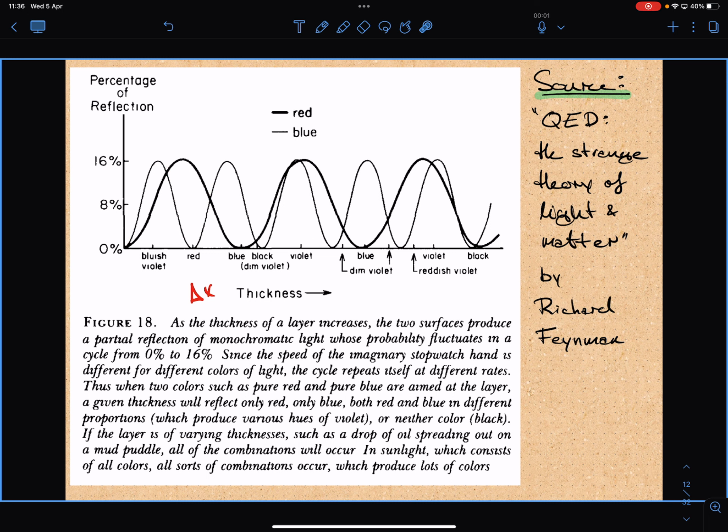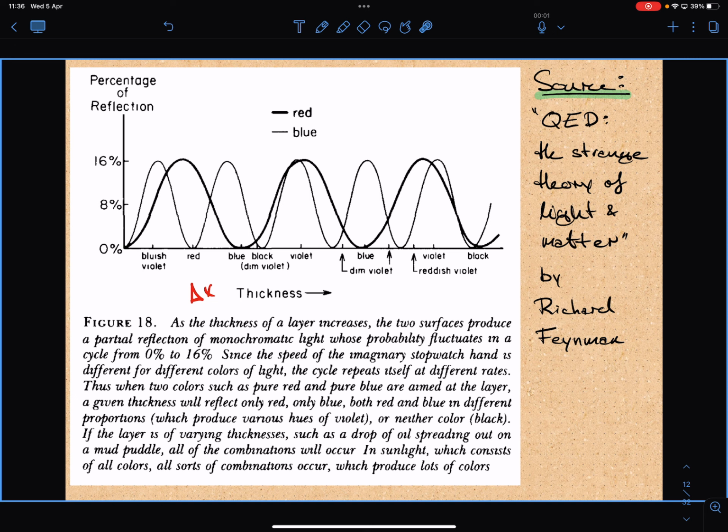Additionally, in this plot and graph, they're looking at what happens when you have two types of sources, red light and blue light, at the same time.